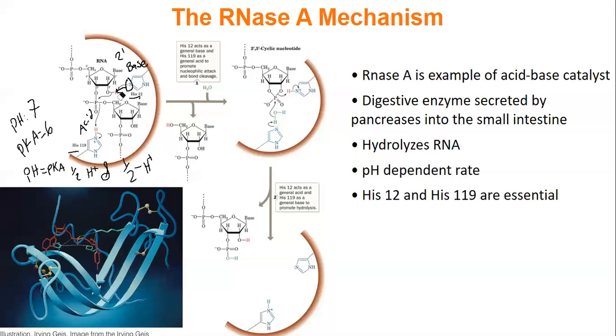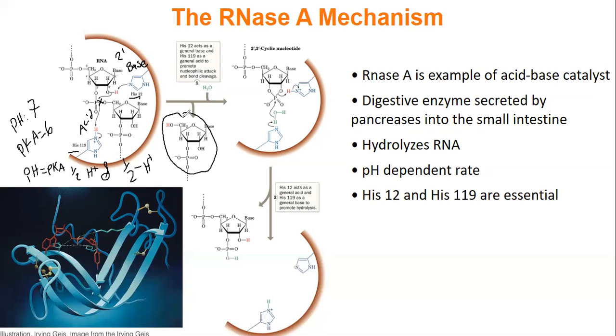What happens, and I'll erase this so you can see, when we do both acid and base catalysis at the same time is we're breaking a bond. We're breaking the bond between this phosphate and this other base. And that's what's being shown here.